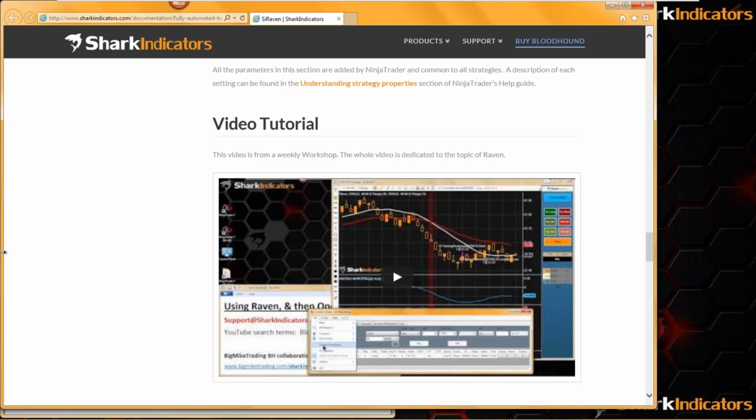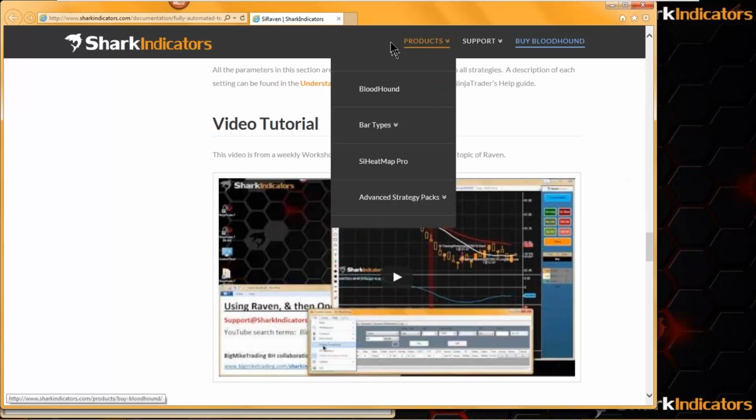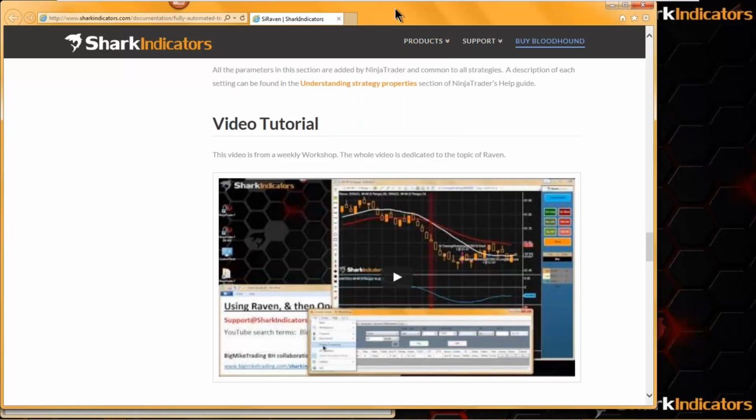However, you do need to understand NinjaTrader's limitations when you do this. Also understand that NinjaTrader has a bug when you're mixing and matching different time frames and instruments. There is a bug in Ninja 7 that NinjaTrader said they will not fix, and supposedly they have it fixed in 8.